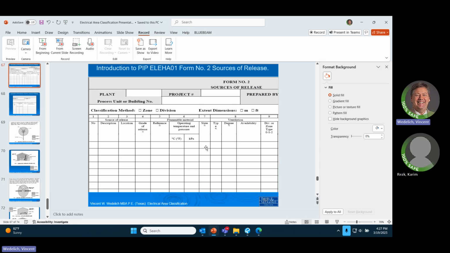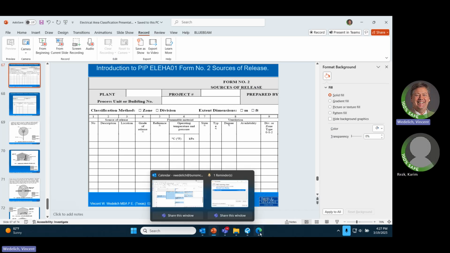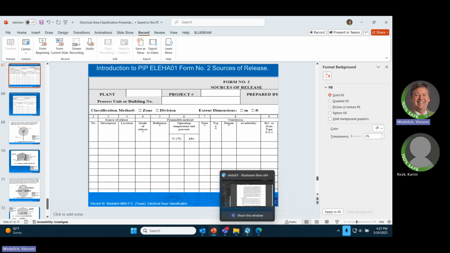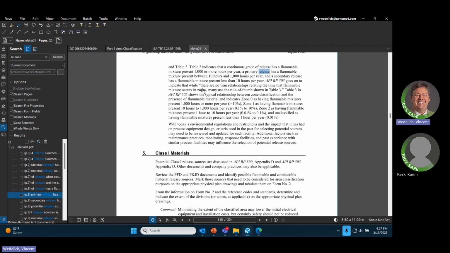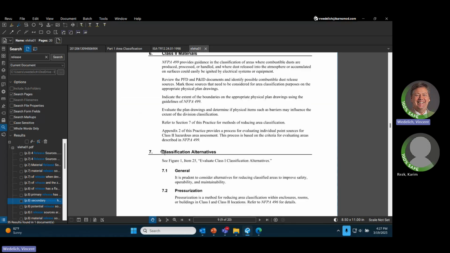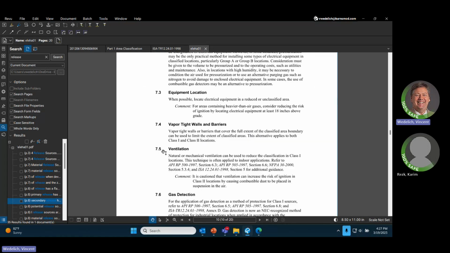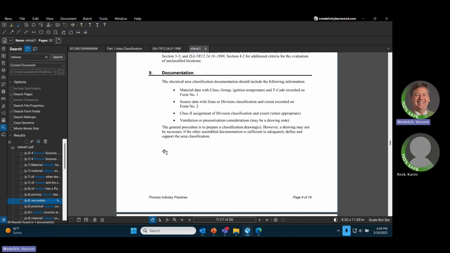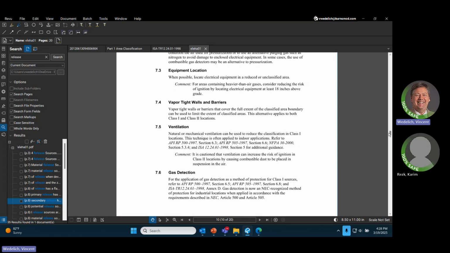What's its state? It's gas or liquid. What's its type? So again, you go back to this ELEH11 and it'll tell you the states and everything. And there should be a definition page on here that I probably blew right past.